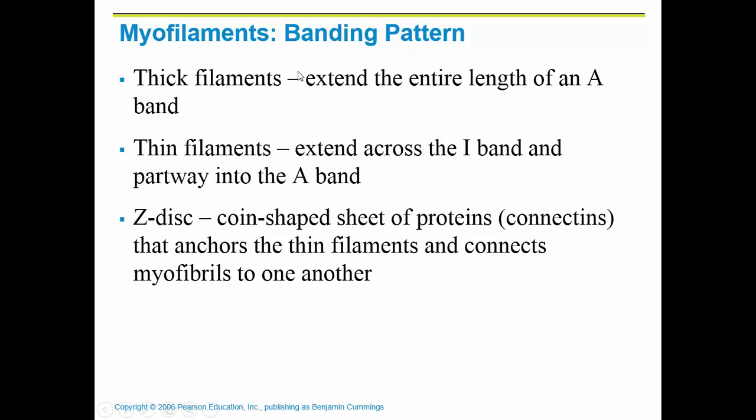The thick filaments extend the entire length of an A band. The thin filaments extend across the I band and part way into the A band, and then the Z disc or Z line is another sheet of proteins.